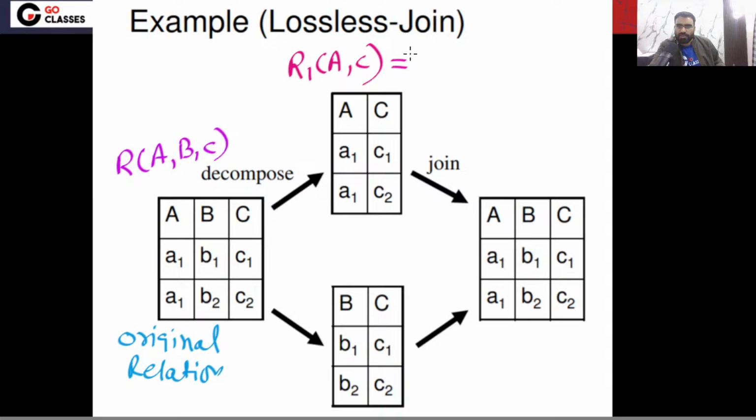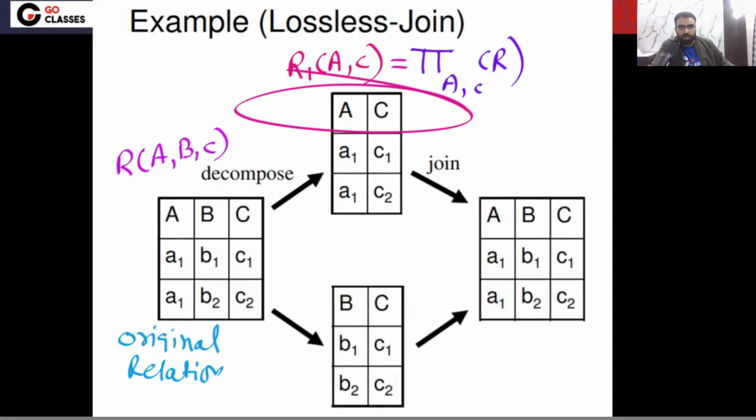So this relation R1, I can also write as pi A comma C of R. This simply means that we are projecting the attributes AC from the original relation, and then we are getting this R1. So R1 equals pi AC of R.